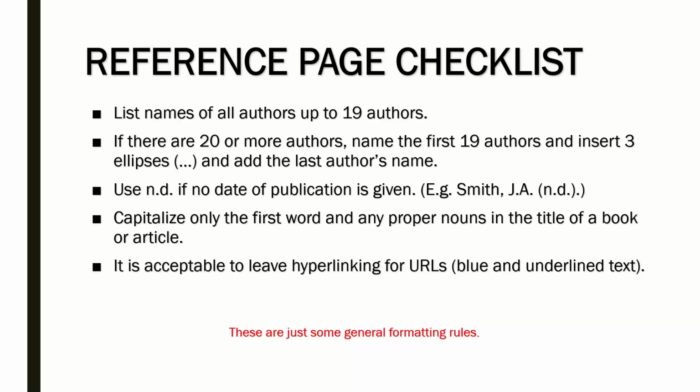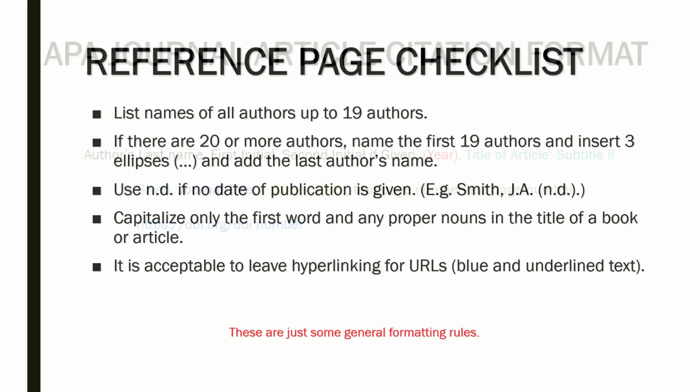Use N.D., which stands for no date, if there is no date of publication given for a source. Also, capitalize only the first word and any proper nouns in the title of a book or article. And it is acceptable to leave hyperlinking for URLs.